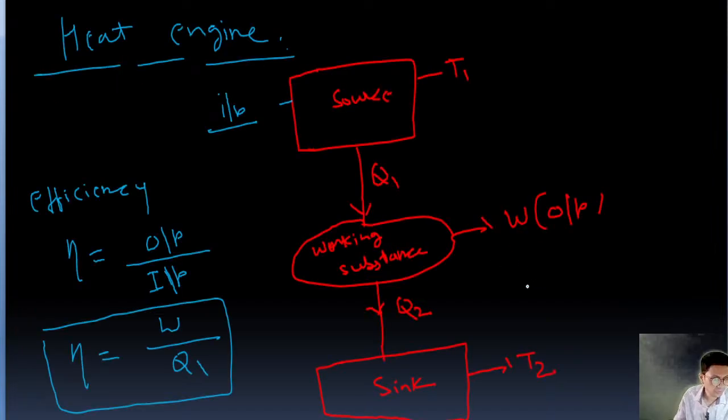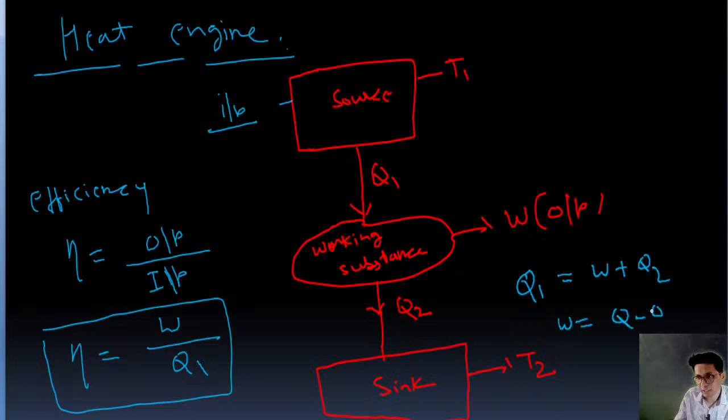Next, we know that Q1 is equal to W plus Q2, right? Q1 heat is extracted from the source, W is used for work done, and the remaining Q2 heat goes to the sink. So from here we can find the value of W, which is Q1 minus Q2. We'll put the value of W in eta.